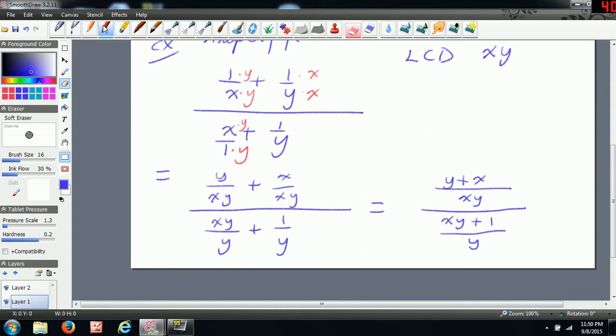Continuing this, we have y plus x over xy divided by xy plus 1 over y.